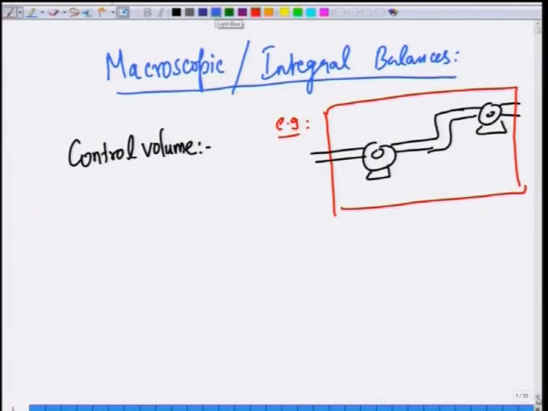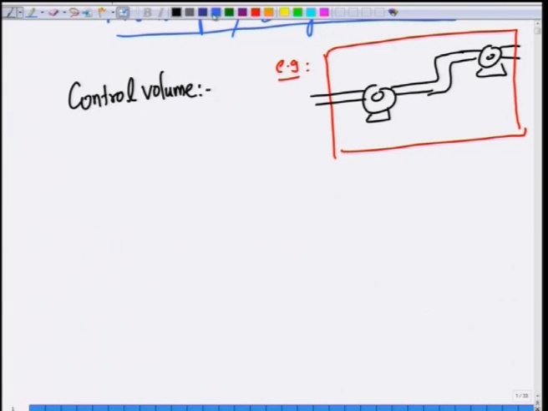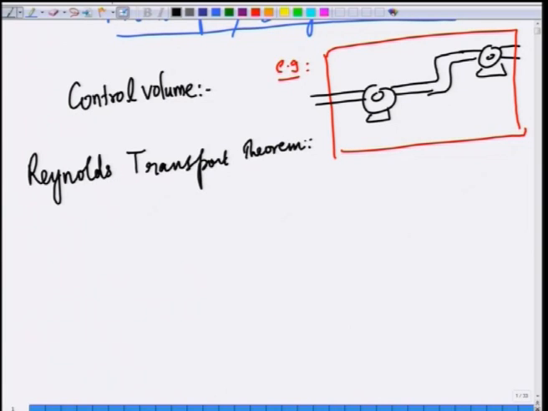So, whenever you have a control volume, we have this tool called the Reynolds transport theorem, which relates the rate of change of a quantity in a system. Just to remind you, a control volume is a fixed region in space.